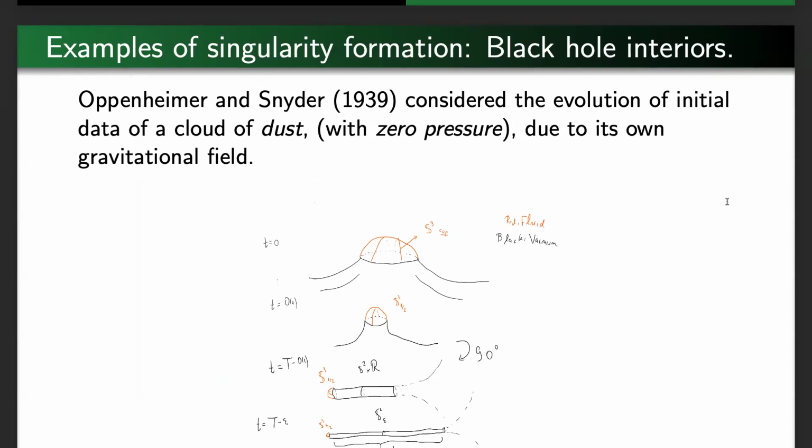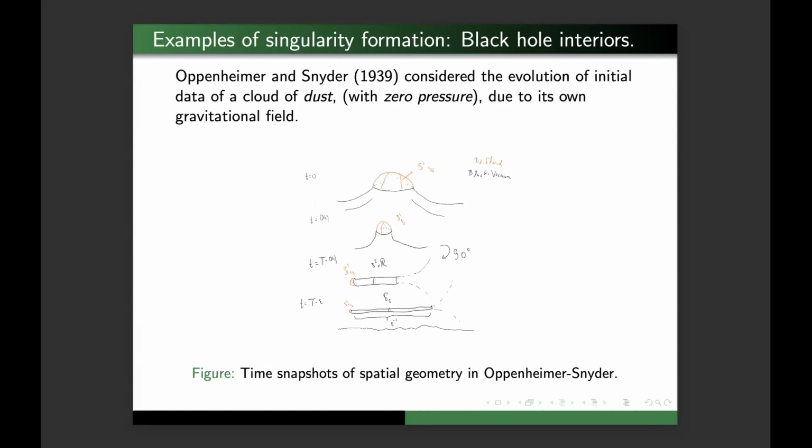Okay. So in the evolving Oppenheimer-Snyder solution, at the next snapshot I want to focus on, the fluid has contracted and it covers exactly a hemisphere, which joins up with Schwarzschild at R equals m, R greater or equal to 2m.